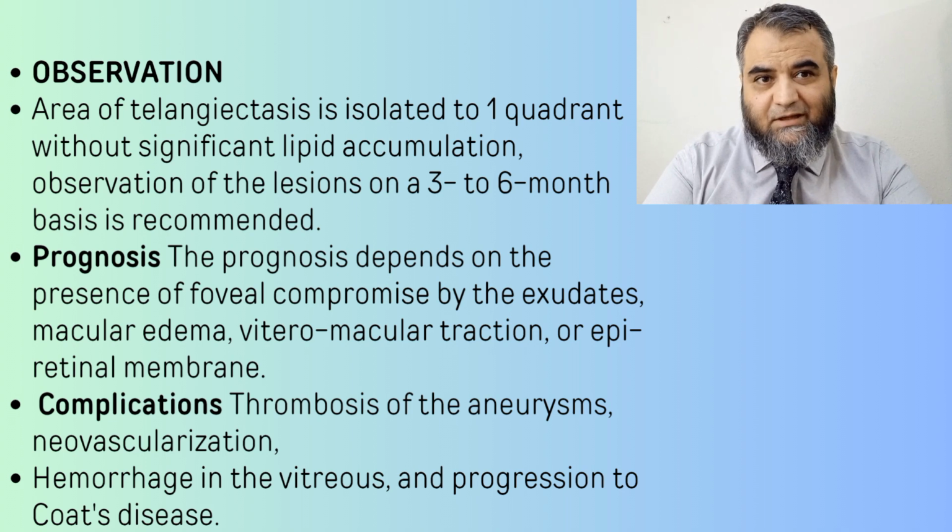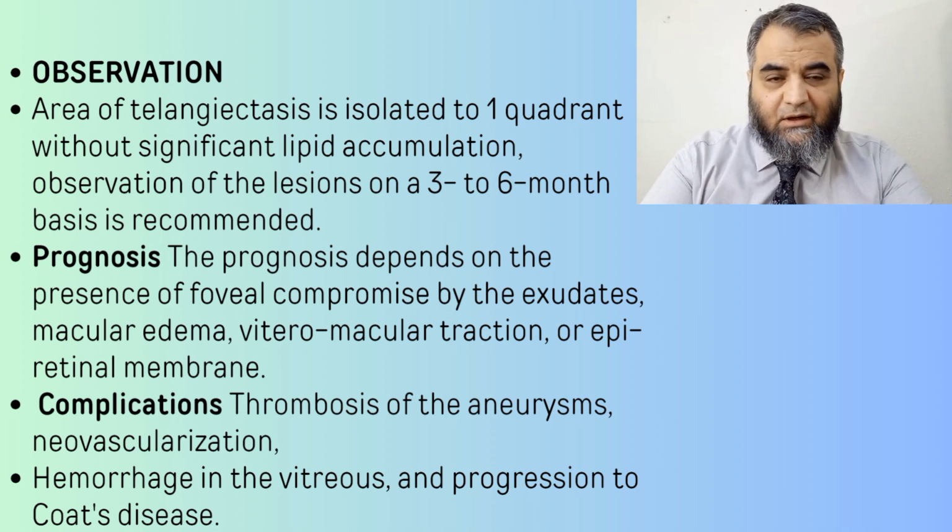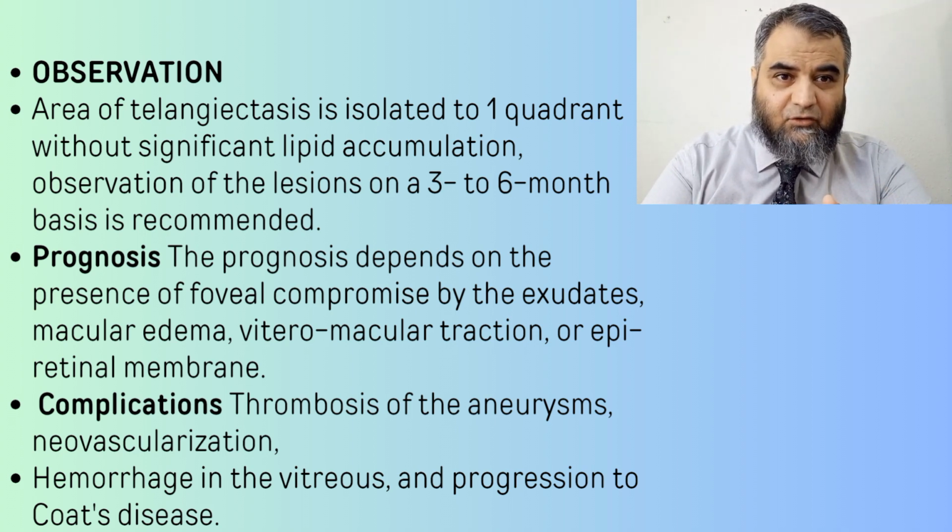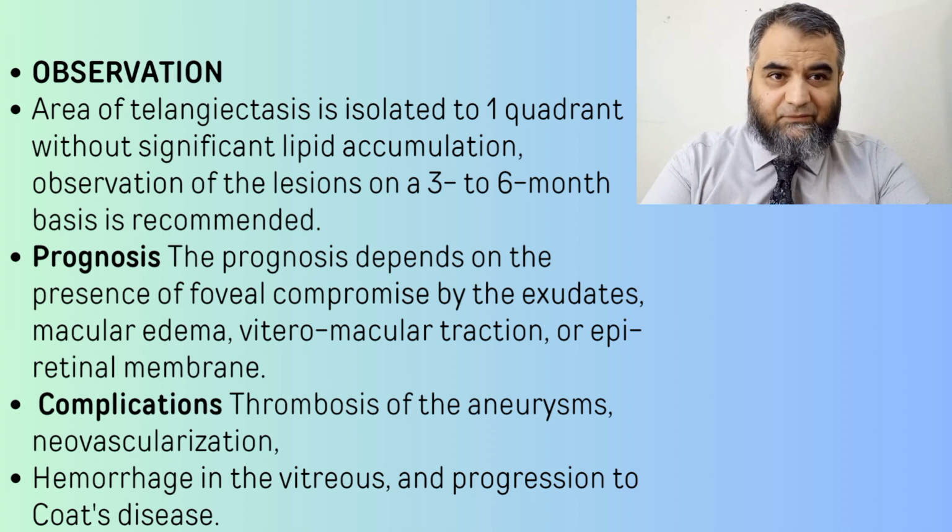So complications can happen after these things. As it is a vascular abnormality, you can have thrombosis, blood coagulation there, new vessels can form in the ischemic areas, and hemorrhages can even be so much that they get into the vitreous, and then the same manifestations as Coats disease can develop in this disease also.